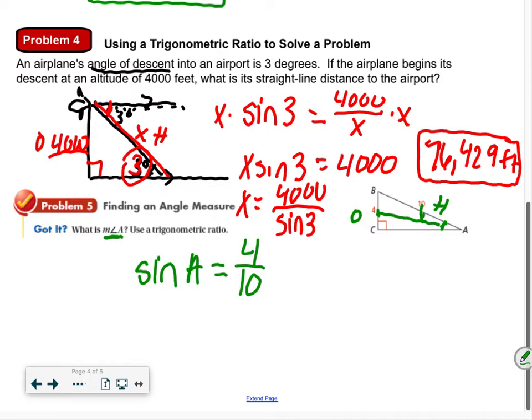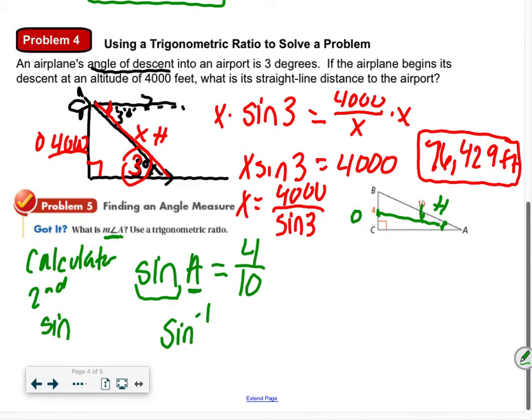Now, I don't know if you talked about this last year in geometry, but to get A by itself, right now it's attached to sine. I want the sine to go away. Well, there is this thing called inverse sine. If you hit the second button on your calculator and then where you normally press sine, you'll probably see sine inverse.